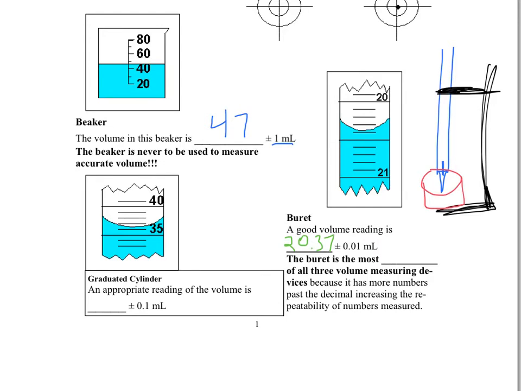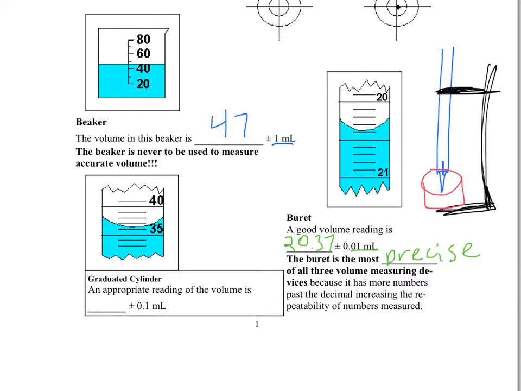Because a burette can measure out to 2 decimal places, 0.01, the burette is the most precise of all 3 volume measuring devices because it has more numbers past the decimal, which increases the repeatability of the numbers measured.